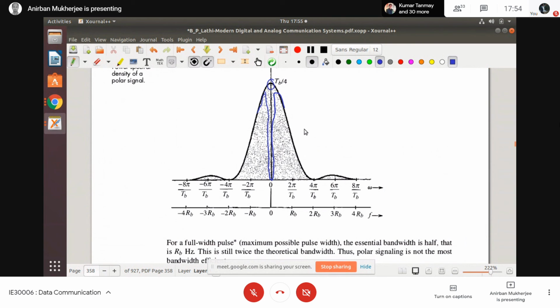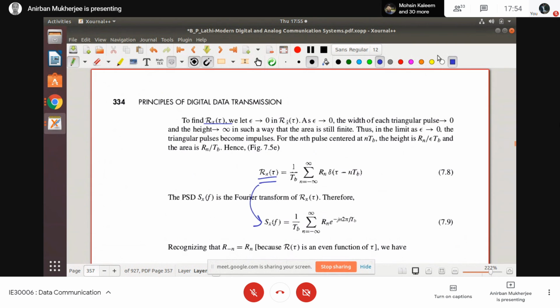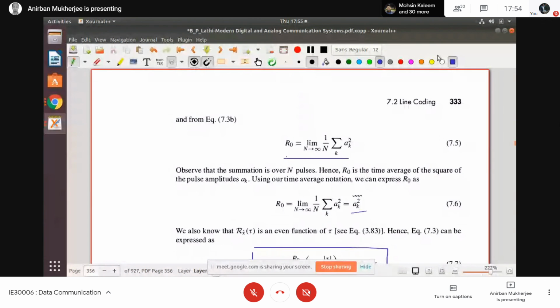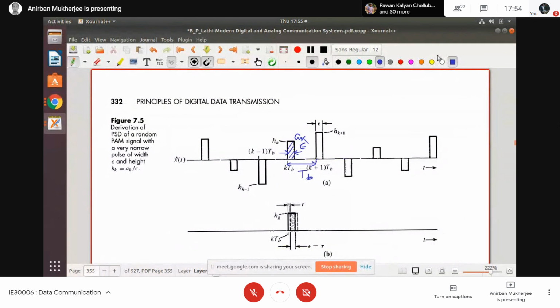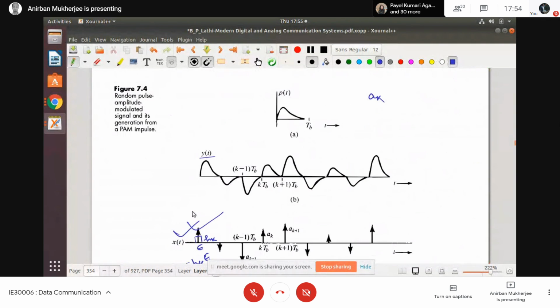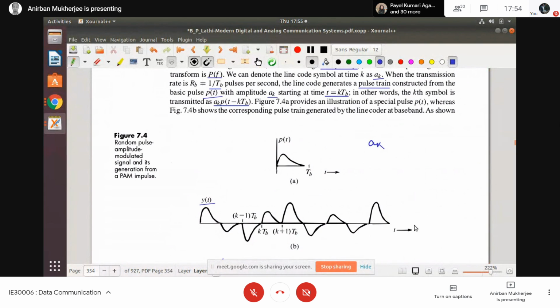Because when it is a random signal, see, why is it random? If you remember, in the line code you are sending the signals randomly. So this one will be random. So just like that, you cannot take the normal Fourier transform. The normal Fourier transform will give you the frequency response.